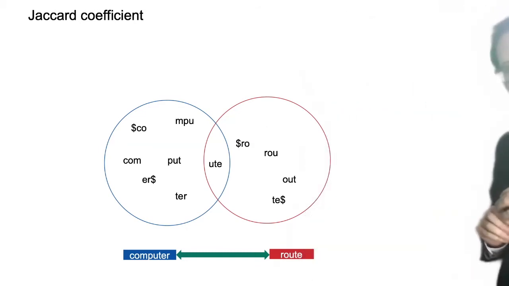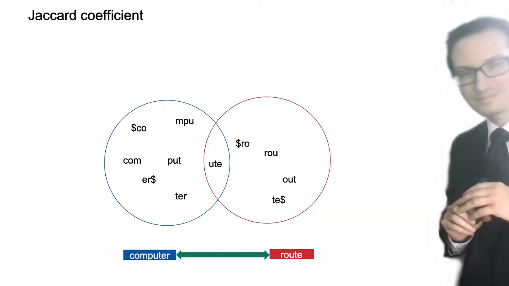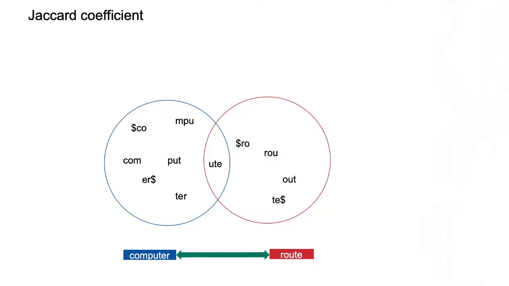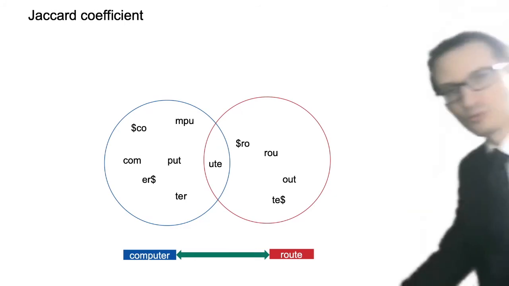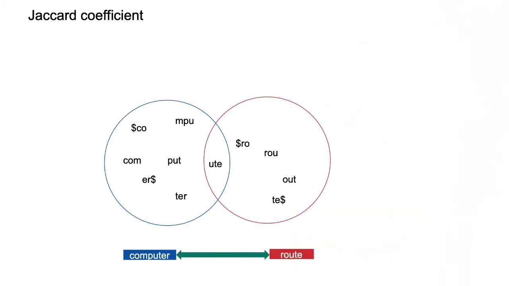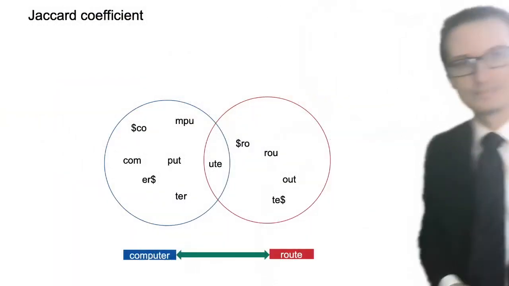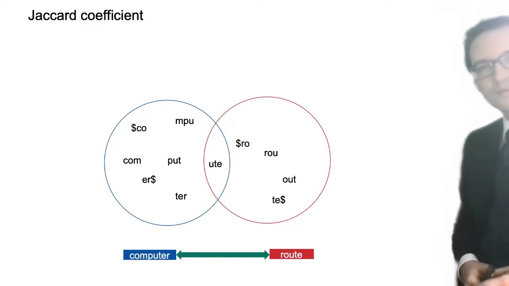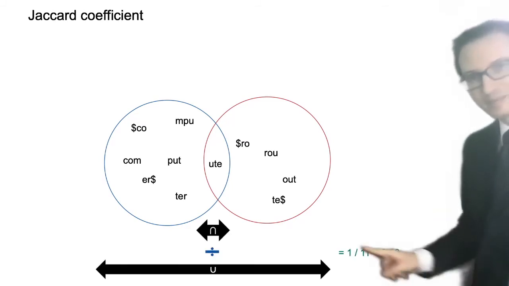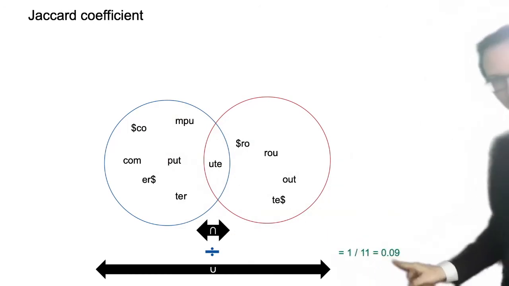All right. Okay, this one. What is the Jaccard coefficient here? Can anybody tell me? Between the words computer and routes. 1 divided by 11. Yep, exactly. 1 here, 11 in total, 1 divided by 11.